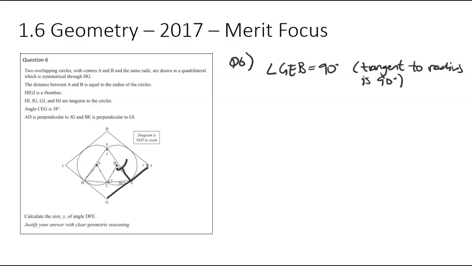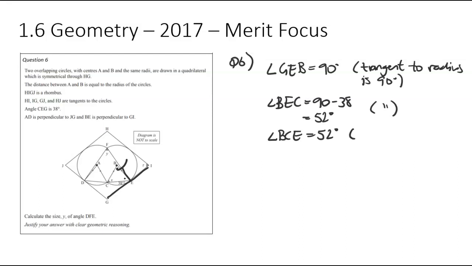From there, we got the angle in the middle, just over there. That was angle BEC, and that was equal to 90 minus the 38, which got us to 52 degrees, and our reasoning really relied on that 90 degrees from above. That gives us angle X, so angle BCE is also equal to 52 degrees.